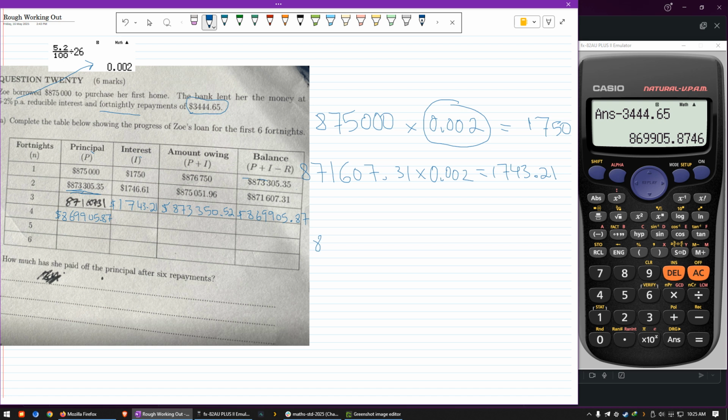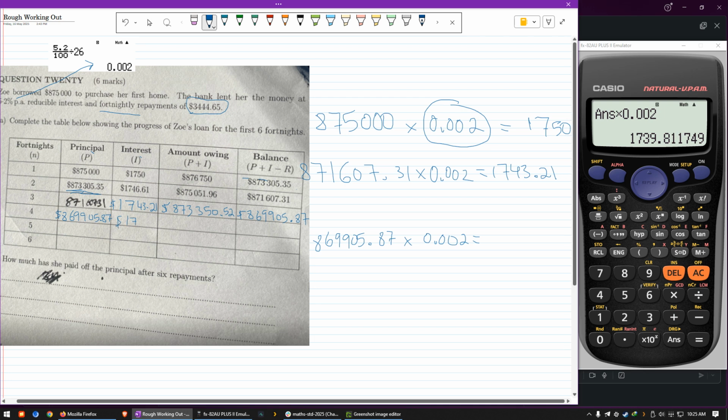Well, we'll do 869,905.87 multiplied by 0.002, and that gives us 1739.81. We add that to the amount owing.